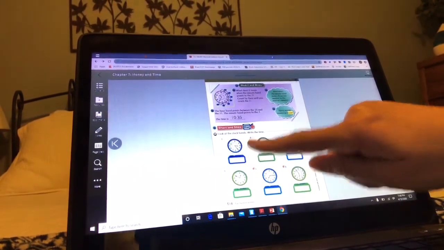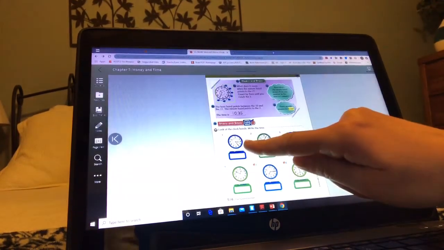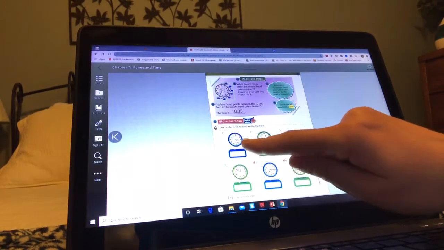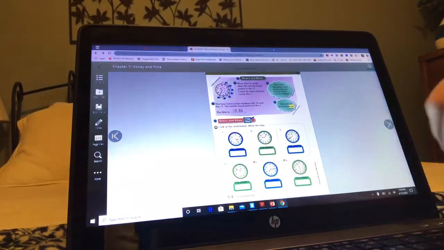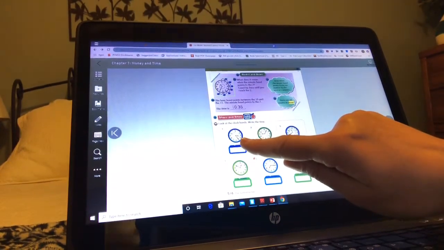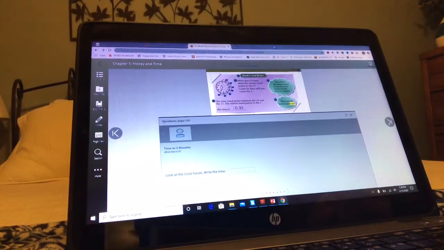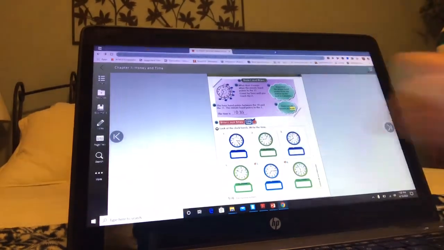So with number 1, we always read the short hand first. The short hand is the hour hand, and it's pointing between the 3 and the 4. So it's not at the 4 yet, so I would say 3. And then my minute hand, the long hand, is on the 5.